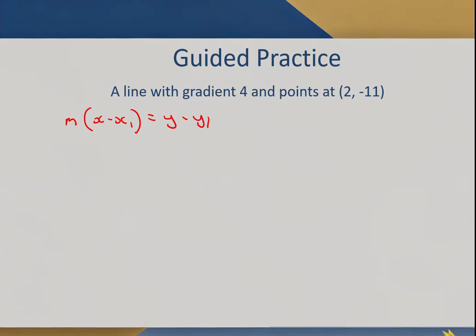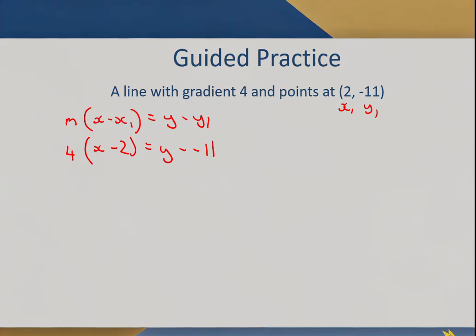I know my gradient is 4. I know this is my x1 and this is my y1, so I'll put those into my formula. x take away 2 in brackets, y take away negative 11.